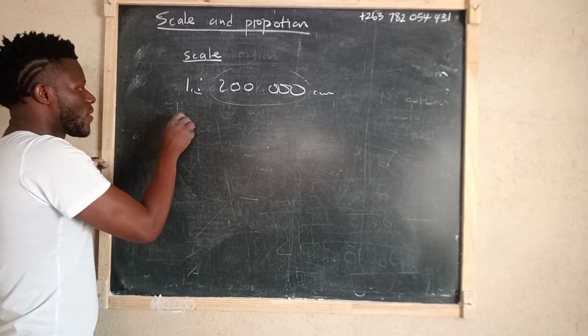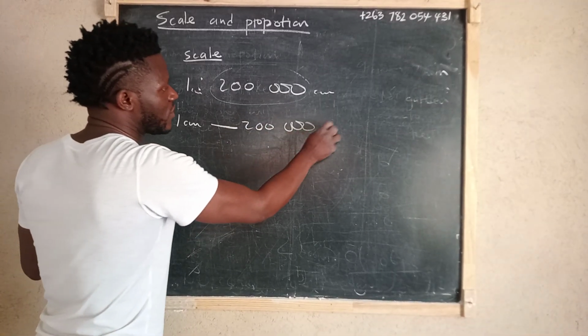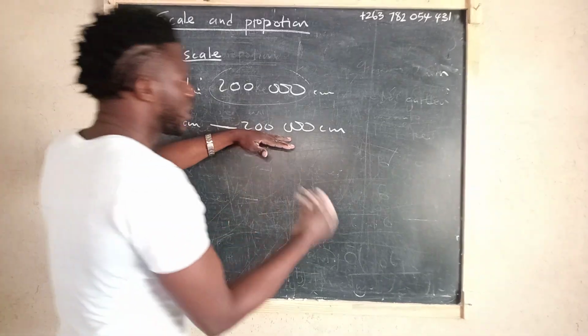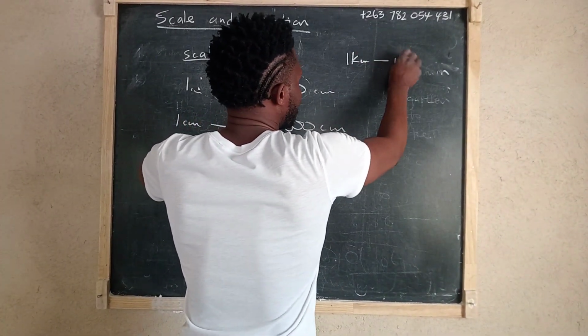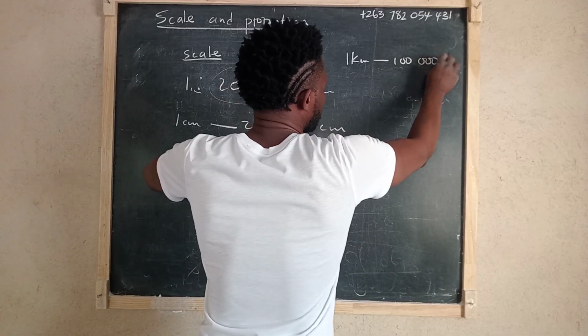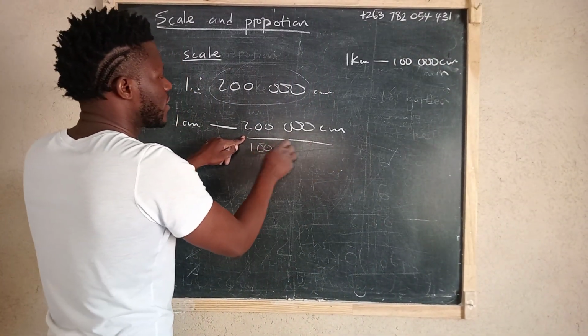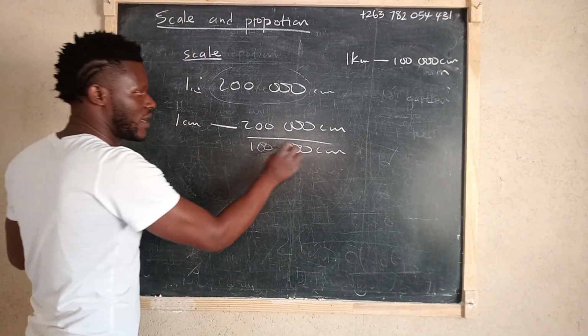That is, if 1 centimeter is 200,000 centimeters, we want to convert this to kilometers. But 1 kilometer is 100,000 centimeters. So you divide this by 100,000 centimeters. So it becomes kilometers like this.